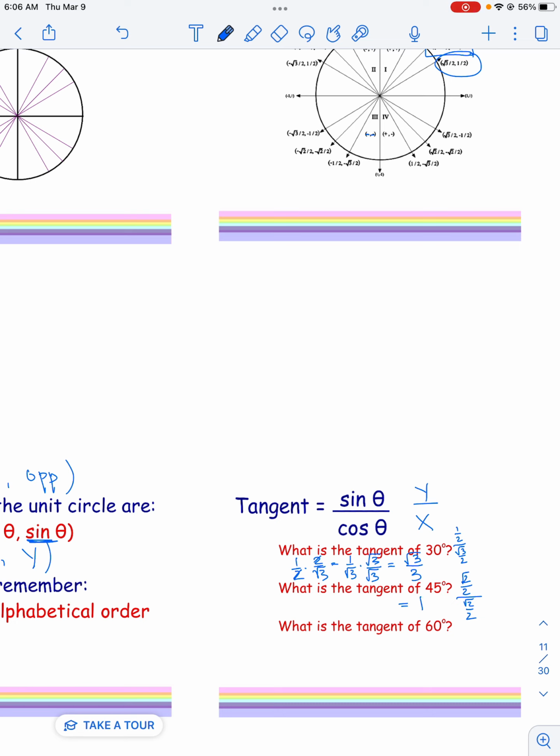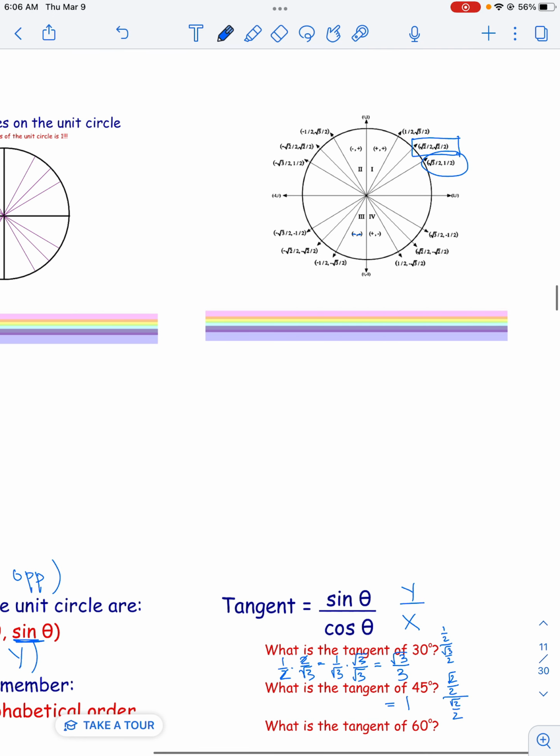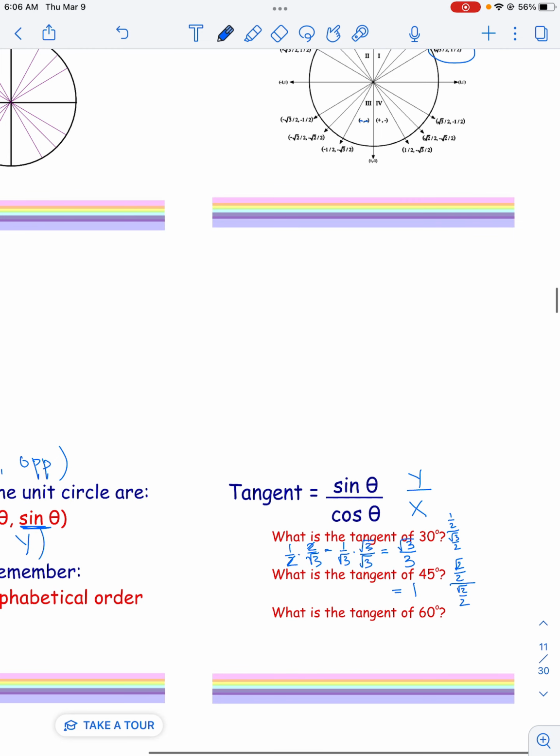Now the tangent of 60, well, the point at 60 degrees is 1/2, comma, root 3 over 2. So I'm going to take the y value, square root of 3 over 2, over 1/2, the x value. Simplify that with keep, change, flip, and those 2's will cancel, and I get the square root of 3.